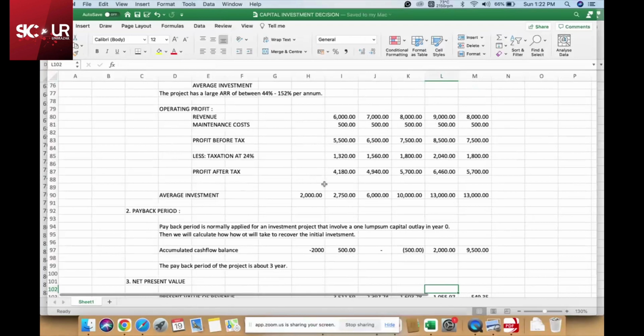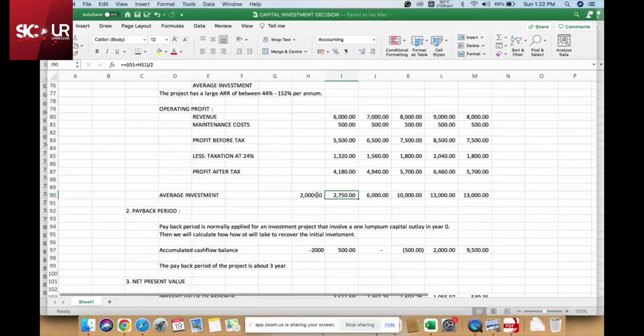The formula there, we should be using the row of 47 instead of 51.